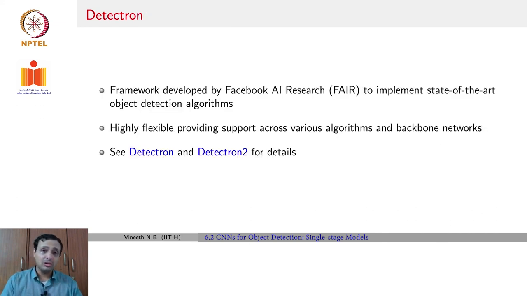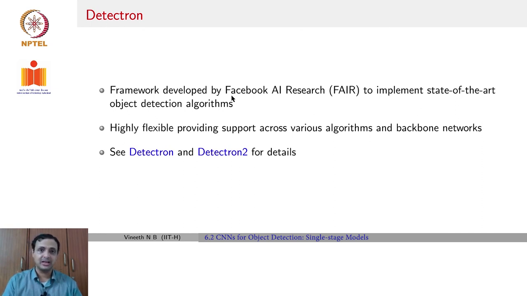There are implementations of all of these contemporary detection methods, both dense sampling methods and the region-based proposal methods, in a popular library known as Detectron. Detectron was provided by Facebook AI Research, especially to promote usage of object detection algorithms.